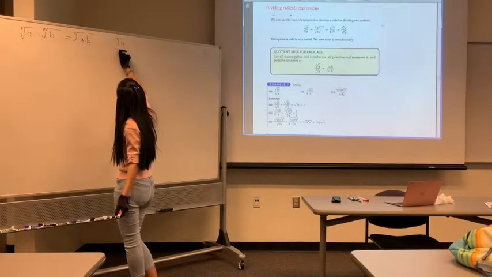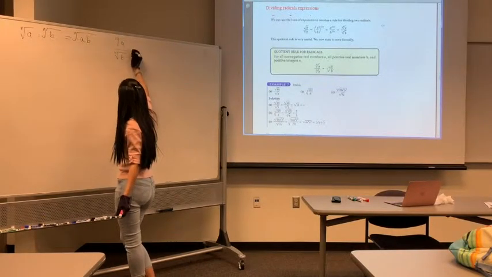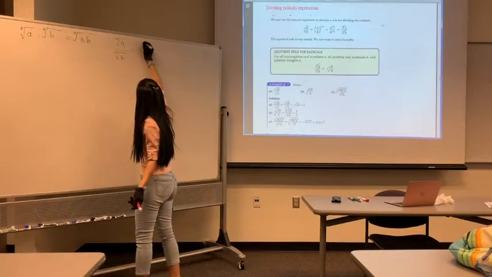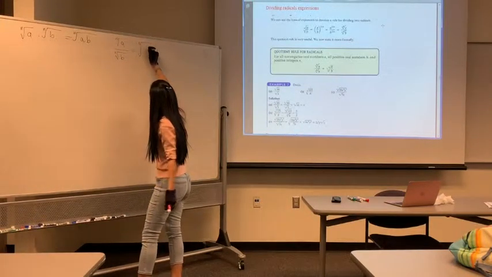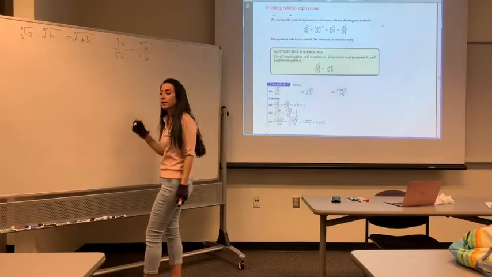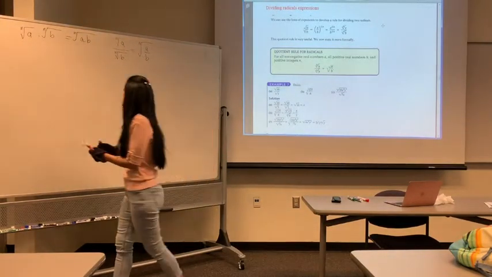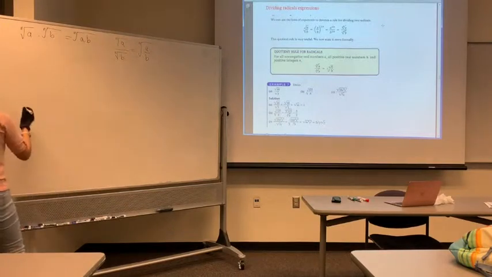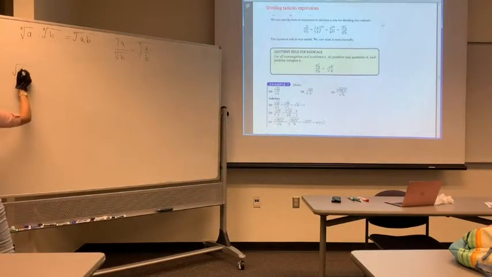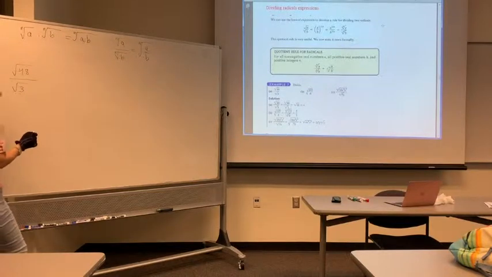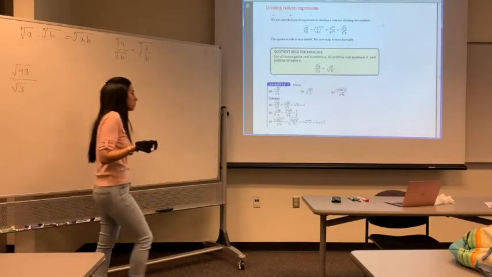The same thing happens when you have division. So you have the same radical, but divide a by b under the radical. So we will start with some simple numerical example.